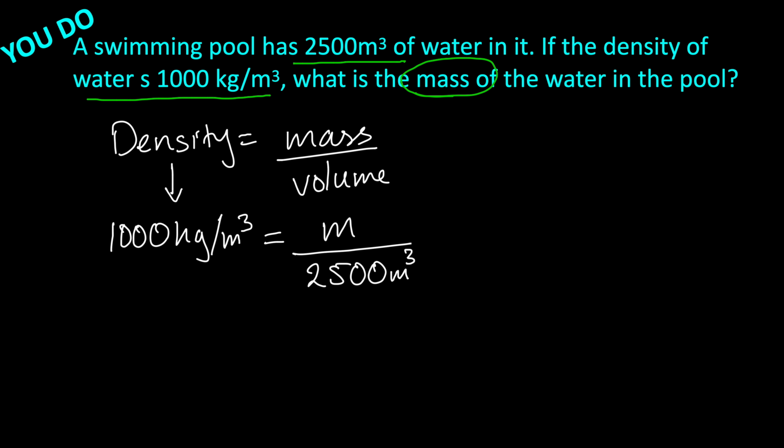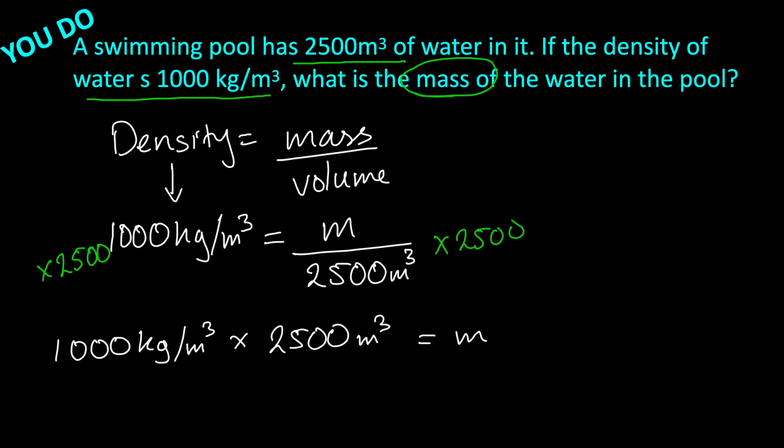Now to solve this, we need to multiply both sides of our equation by 2,500 meter cubed. Now we simply need to enter this into our calculator and find the result.